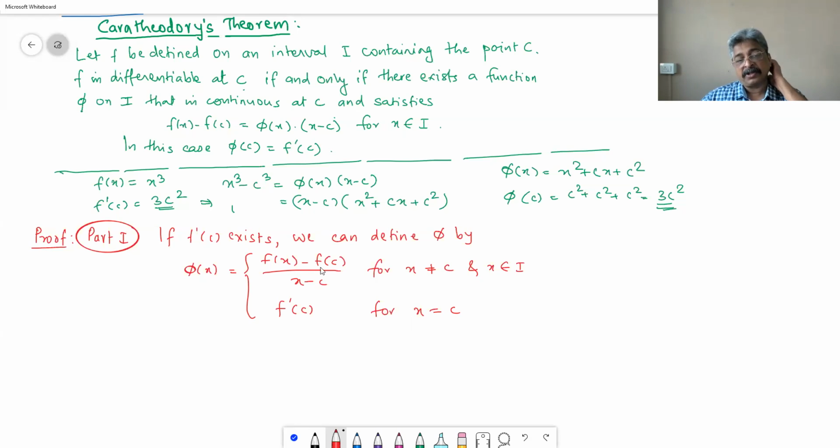Okay, if we define the function like this, then we have to prove that phi is continuous. Okay, so the continuity of phi.